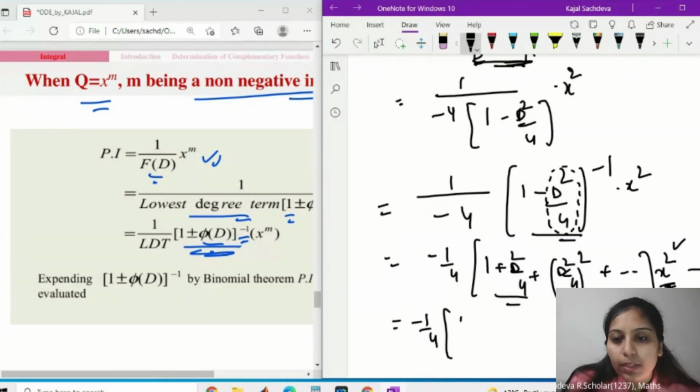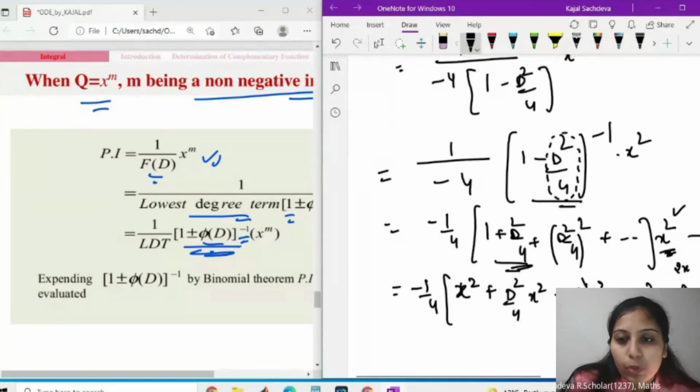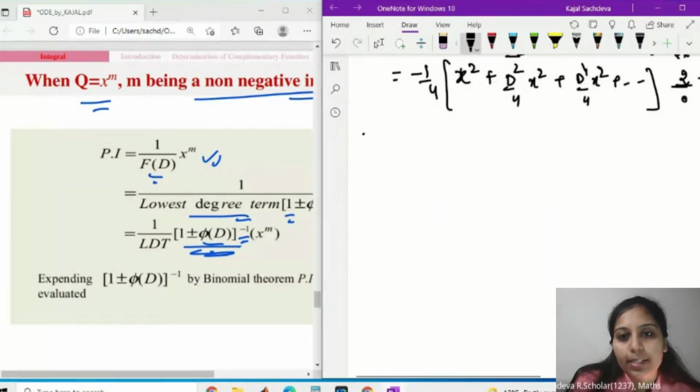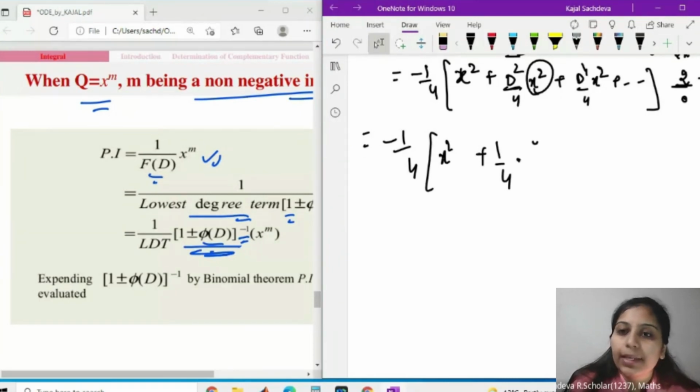So here 1 into x square, plus D square upon 4 into x square, plus D4 upon 4 into x square, up to so on. D square means 2 time differentiation of x square, as D stands for 1 time differentiation. So when we do 2 time differentiation of x square, we get 2x first and then again 2.